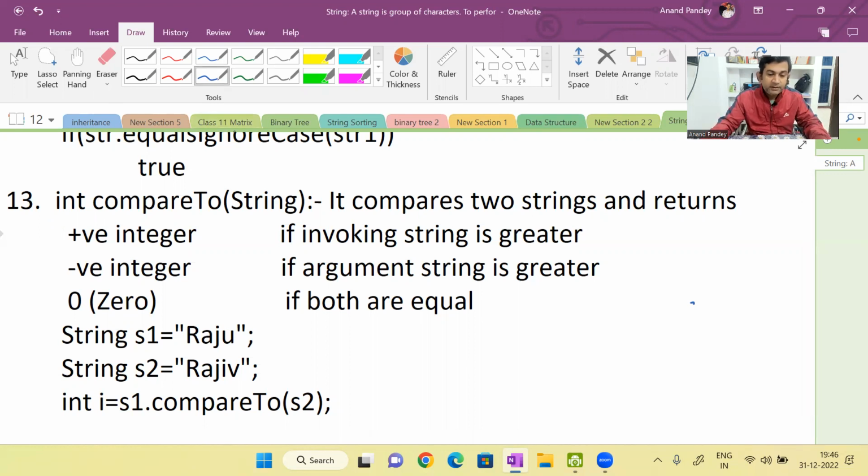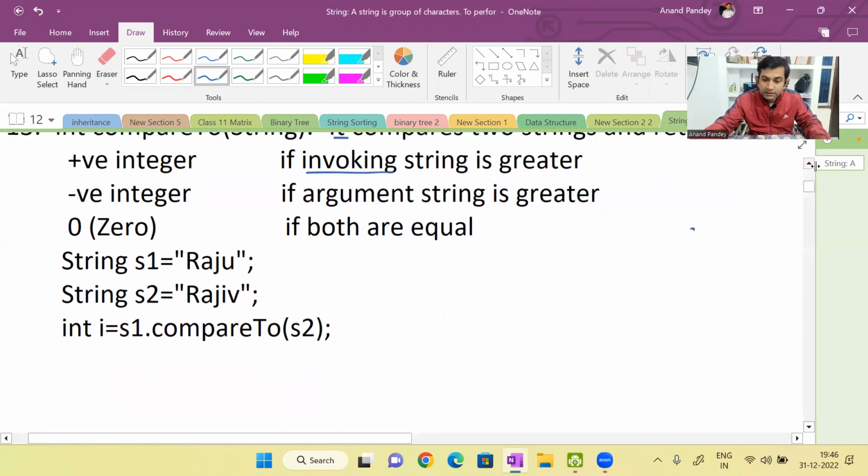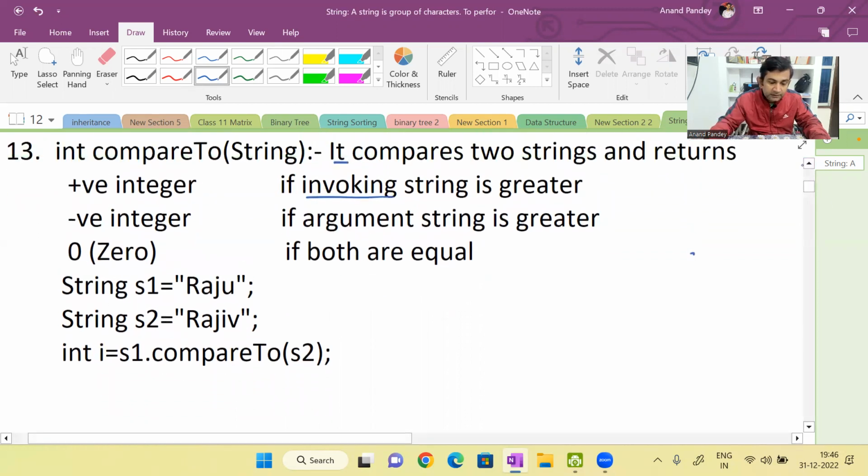So let's see. It compares two strings and returns a positive integer if the invoking string is greater, a negative integer if the argument string is greater, and 0 if both are equal. So here, invoking string means what? The string by which we call the function. Invoke means call. Invoking means calling.